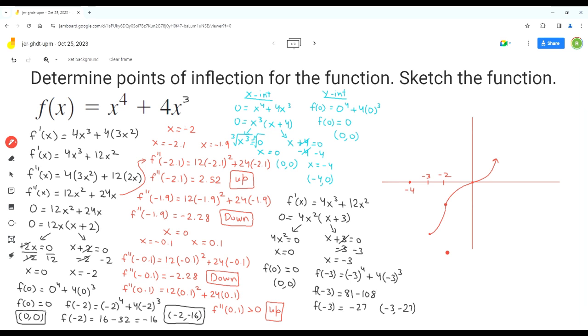Now, since x equals -3 is a critical point and the x-intercept is at x equals -4, to the right side of -3, the curve has to go upward towards the left side. Or if we go from left to right, the curve should pass through the x-intercept and go all the way down to the critical point at x equals -3. So this will be the sketch of this function.